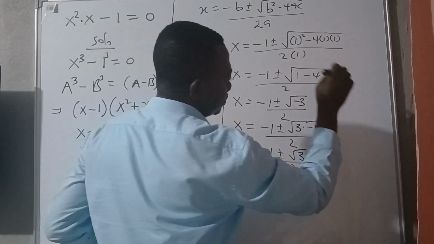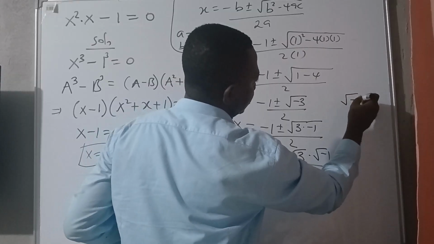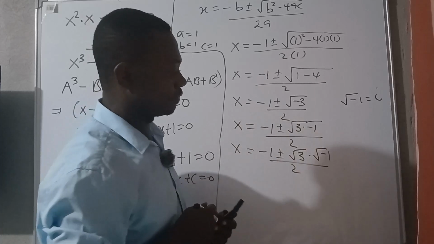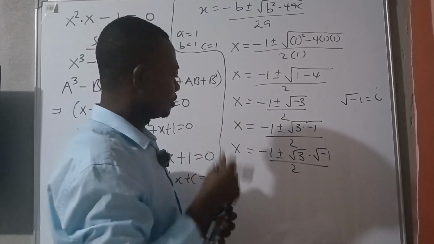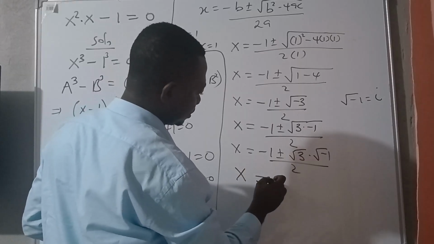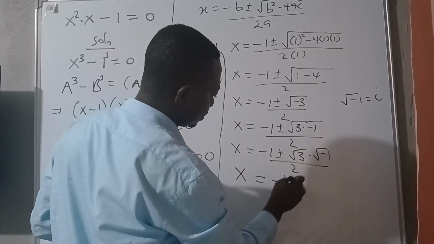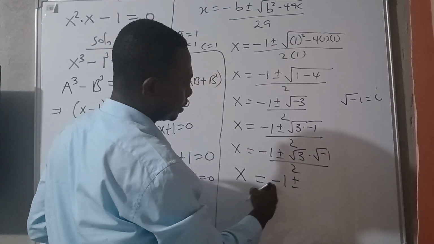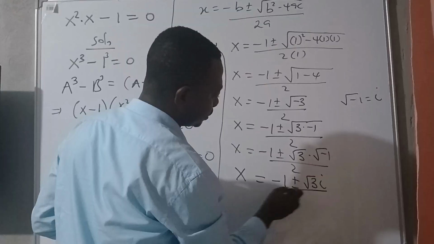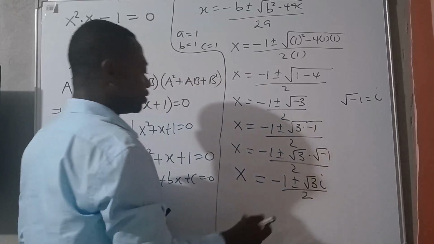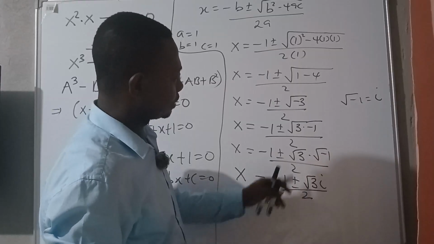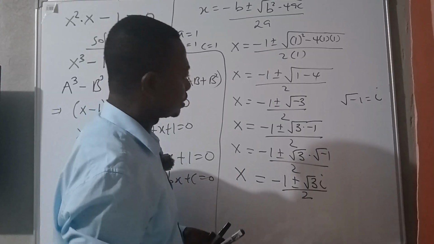And from complex numbers, the square root of minus 1 is seen as i. So in place of the square root of minus 1, I'll put i over there. And therefore, my final answer here will be minus 1 plus or minus square root of 3 i on 2. So we have two solutions here. So the plus or minus is giving us two solutions. So we can split them here.